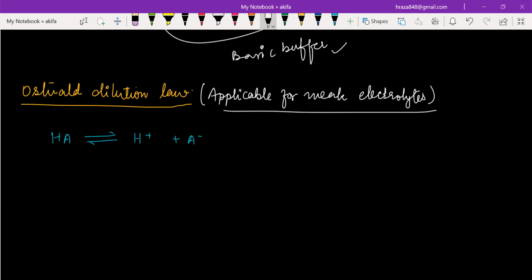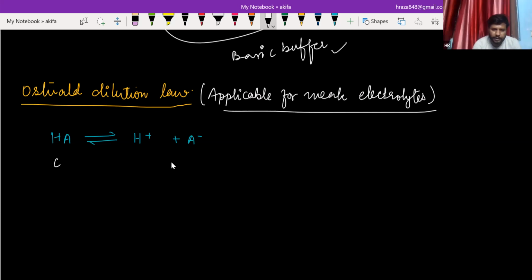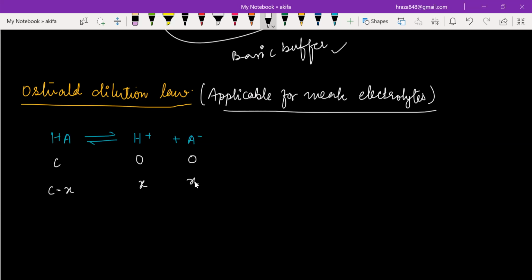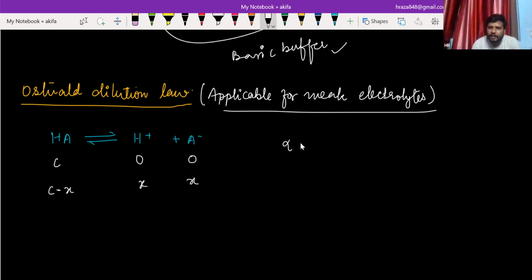If we have a concentration C initially, before dissociation, the concentration of H plus will be 0 and the concentration of A minus will be 0 as well. Now, if X is dissociated from C, here X and X will be formed, yes or no?